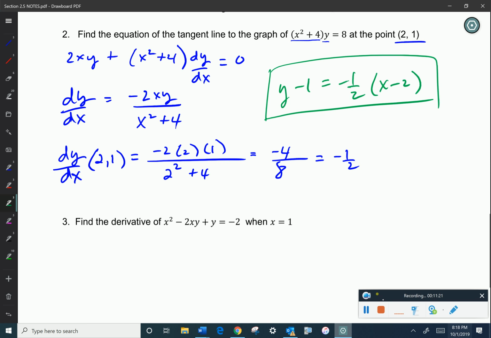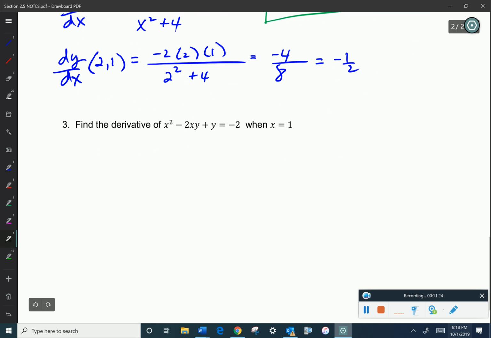Let's do one more. This time, I just want to find the derivative when x equals 1. So find the derivative and plug in a 1 for x. All right, so the derivative of x squared is 2x. I'm going to bring down the minus and the 2, and now I'm going to do a product rule on the x times y.